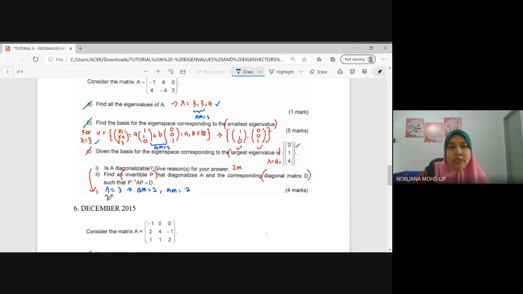And for lambda equal to 4, so the GM, diberi kat sini basis for eigenspace for lambda equal to 4 equal to 1. Ni GM equal to 1. And AM, okay, we look at the number of the frequency for 4. So equal to 1. AM dia equal to 1.